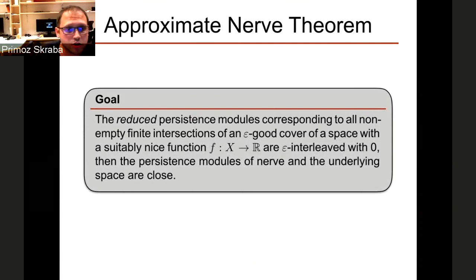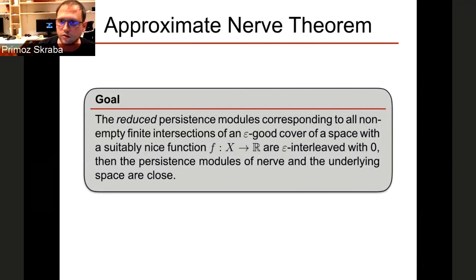There is an important notion here. Notice I have reduced persistence modules written here. This is to avoid a technicality, because we know that any persistence module in dimension 0 is always going to have an infinite component corresponding to the actual component, because even a point has one infinite component. So this reduced is just an algebraic trick to avoid really talking about that.